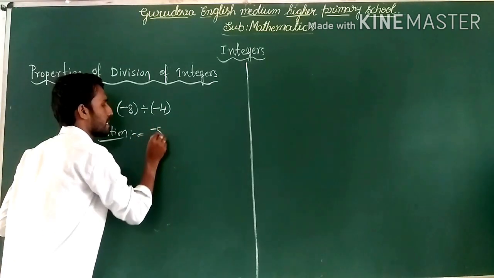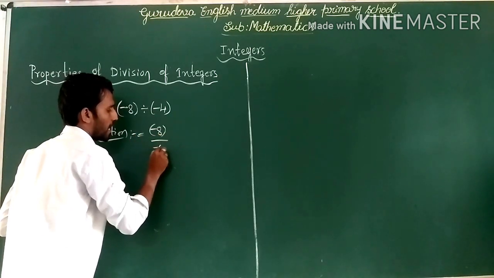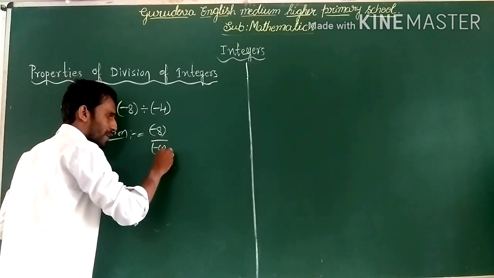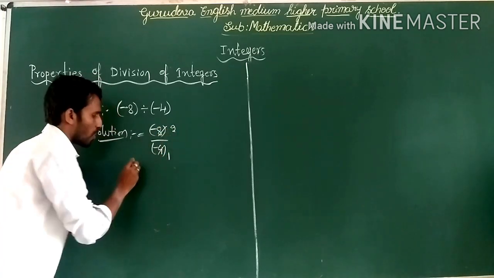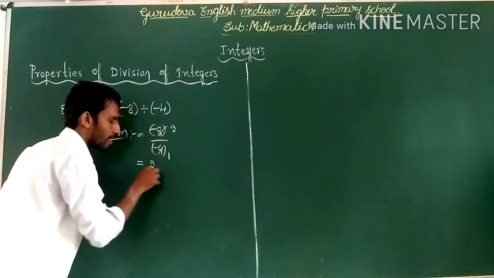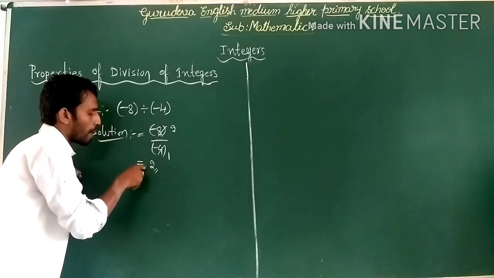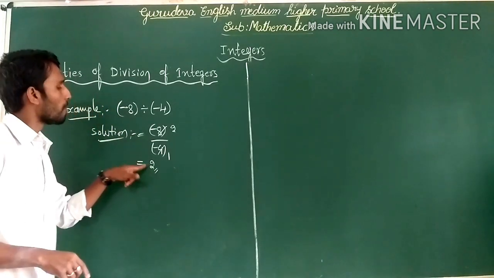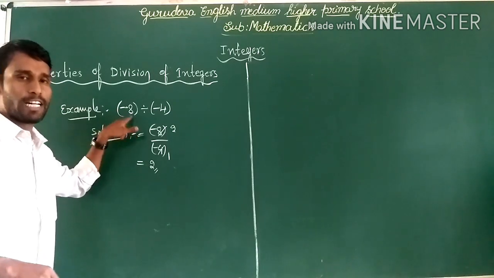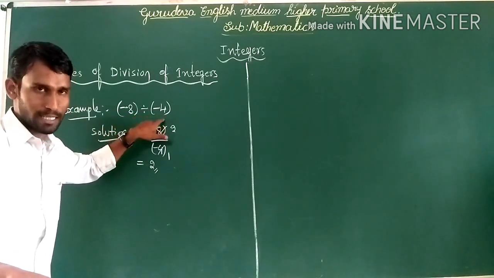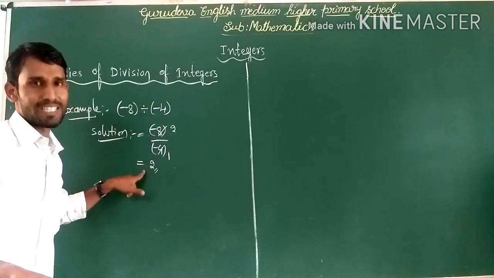Minus 8 divided by minus 4: 4 ones are 4, 4 twos are 8. What is the answer here? 2 is the answer. I am putting a positive sign because we are dividing a negative integer by a negative integer.